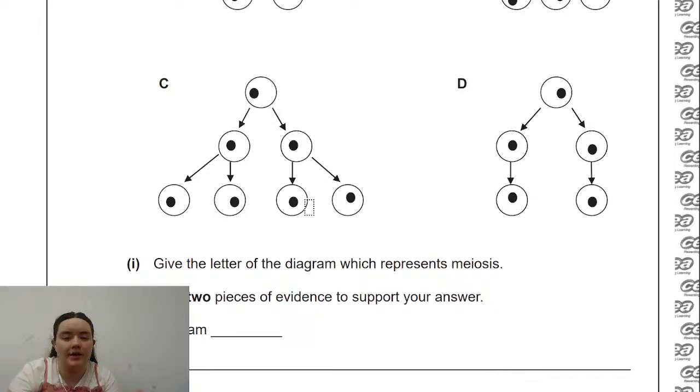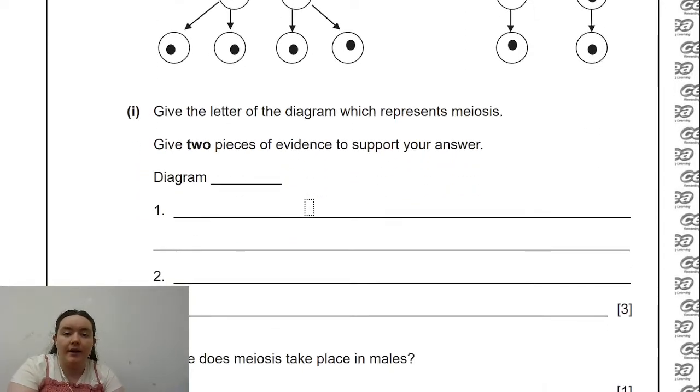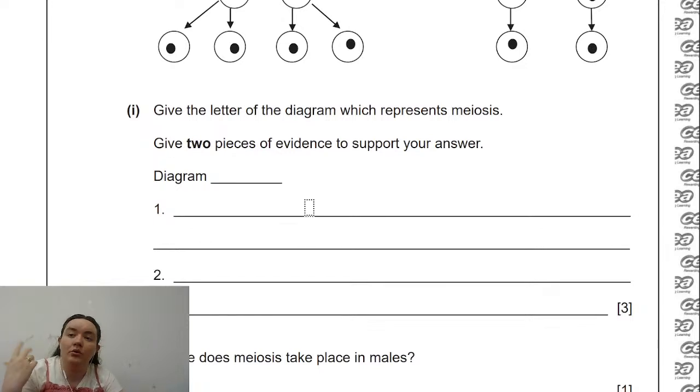So a haploid cell contains half of the amount of genetic code necessary, and then that joins together with another gamete to form a diploid cell, which has 46 total chromosomes.